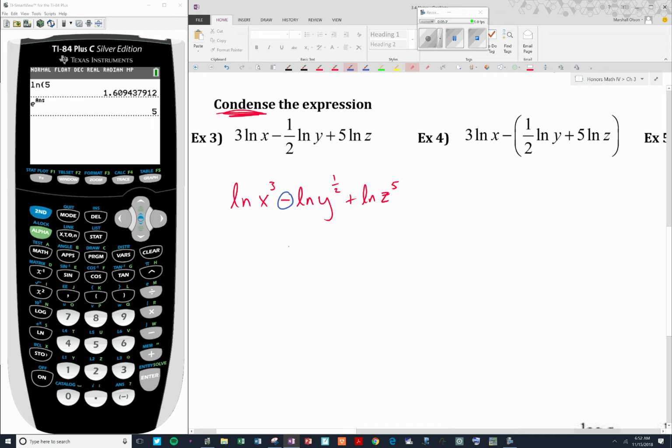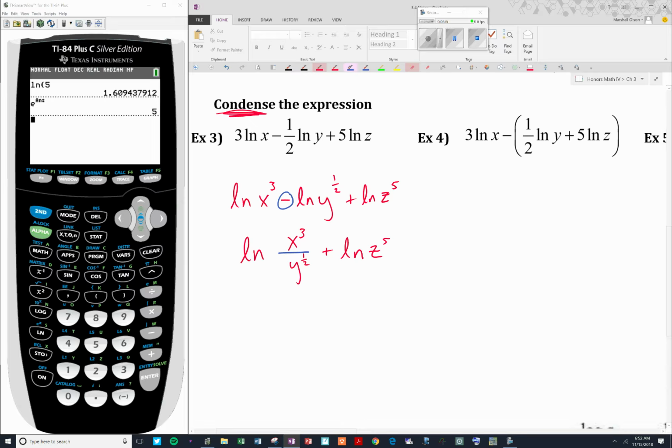That subtraction between is going to become division within. So I'm going to have the natural log, and then I'm going to have division within that natural log. The natural log of this guy goes in the numerator, this guy goes in the denominator. This is still being added to the natural log of z to the 5th.